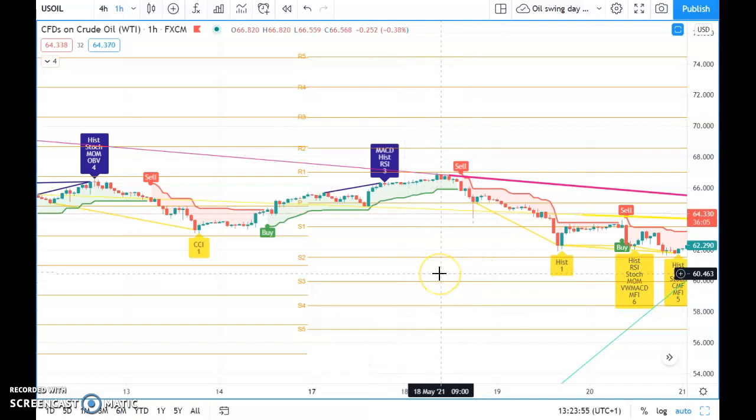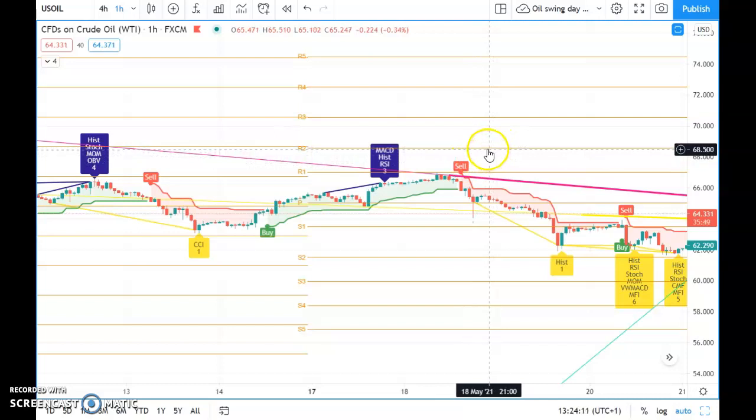You can see these pivot lines. So we've got the central pivot line, S1, S2, and so on. So these are buying areas. And then we have R1, R2, so they represent resistance 1, resistance 2, support 1, support 2.